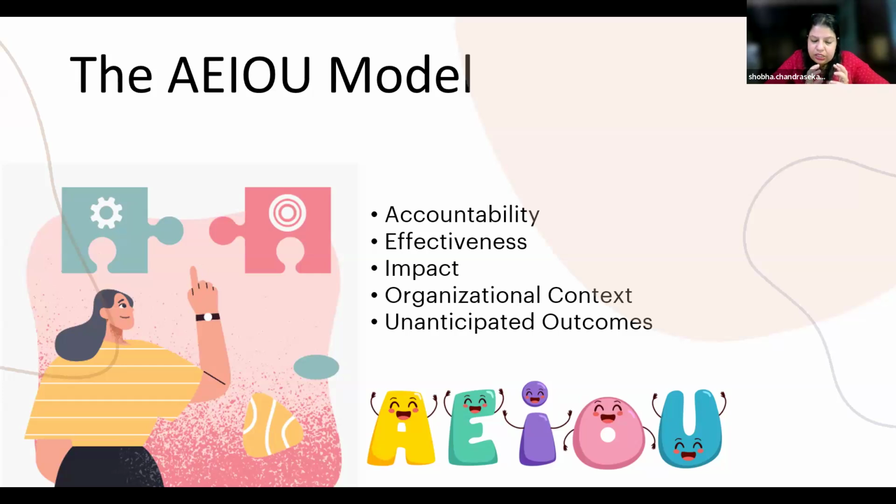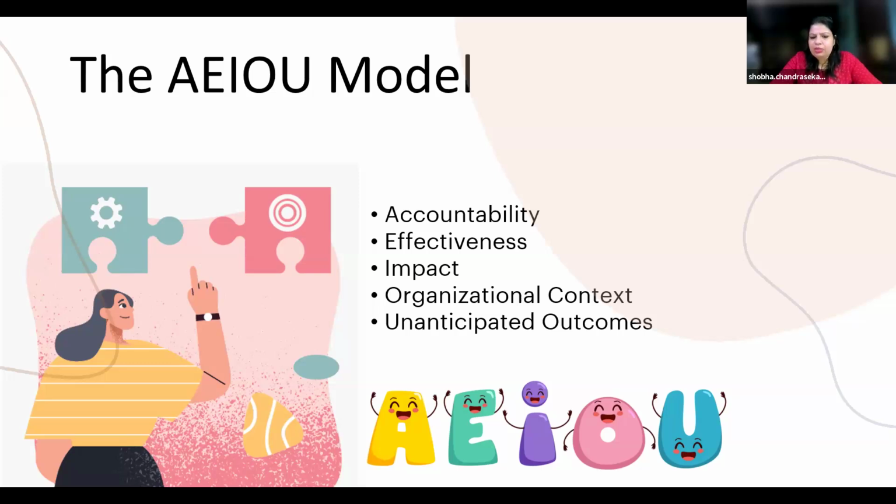It has a very structured approach, focusing on 5 key components: accountability, effectiveness, impact, organizational context, and unanticipated outcomes. So this model helps evaluators not only measure the success of the program, but also understand the broader implications within an organization or an educational system, any place.